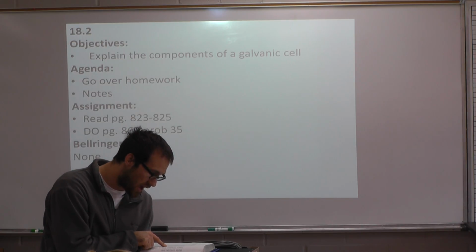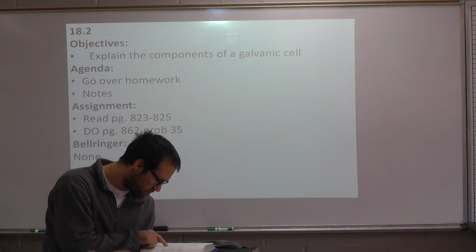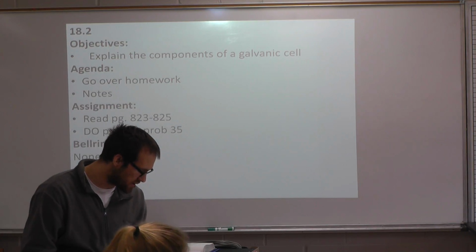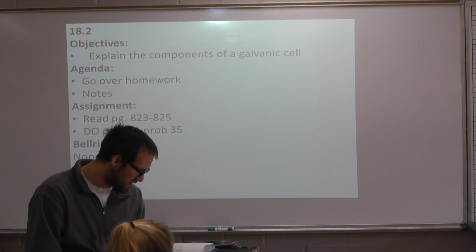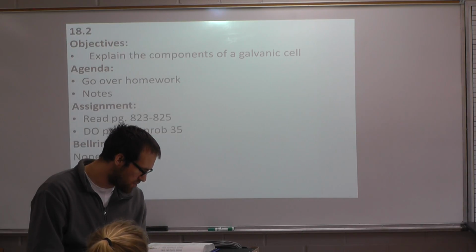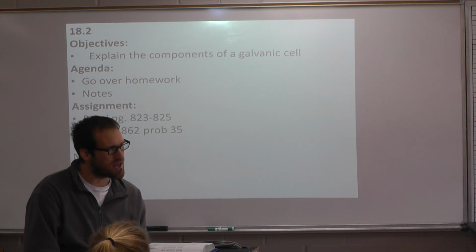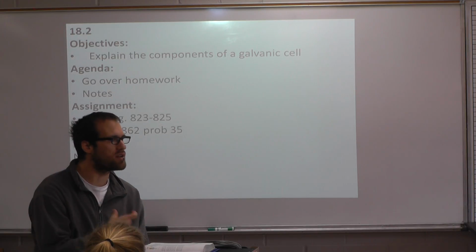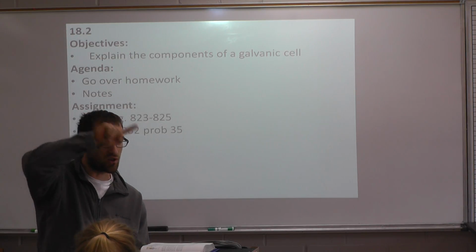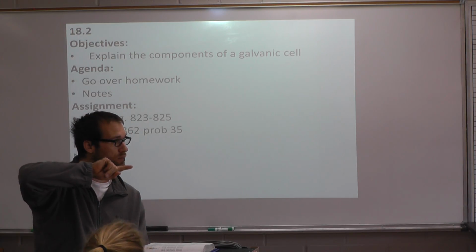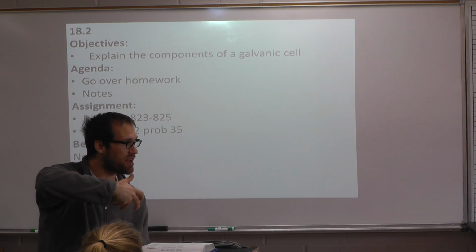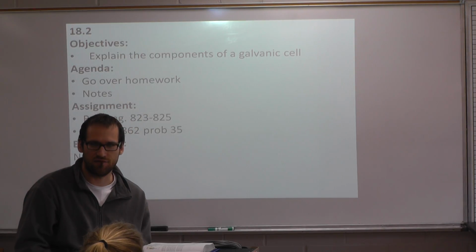So let me talk about how they fix this problem. However, we can solve this problem very simply. The solution must be connected so that ions can flow to keep the net charge in each compartment zero. So what they're saying is, if you could allow ions to flow from one to the other, then when electrons are going through the wire and making it charged, the charge is reduced by allowing ions to flow through.